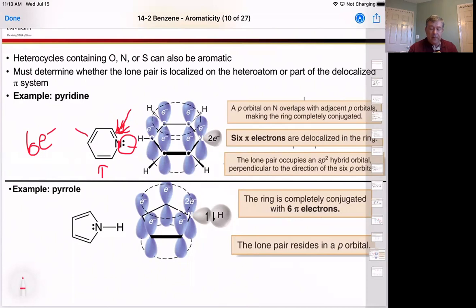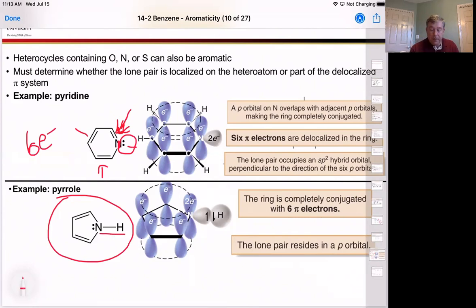Okay, so let's actually start looking at where the electrons are in this particular atom here. In this case, we also have an sp2 hybridized nitrogen here, but instead of the lone pair being in the sp2 hybridized orbital, the lone pair actually resides in the p orbital, okay?